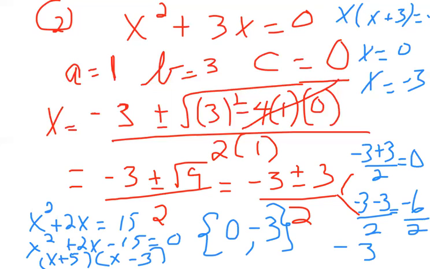What number plus 5 makes it 0? Negative 5. What number minus 3 makes it 0? Positive 3. Yeah, you could have factored. So guys, when you get these equations, don't just jump in there and start doing the quadratic formula. Find the easiest method, the most efficient method, and use that to solve the problem, please, okay?